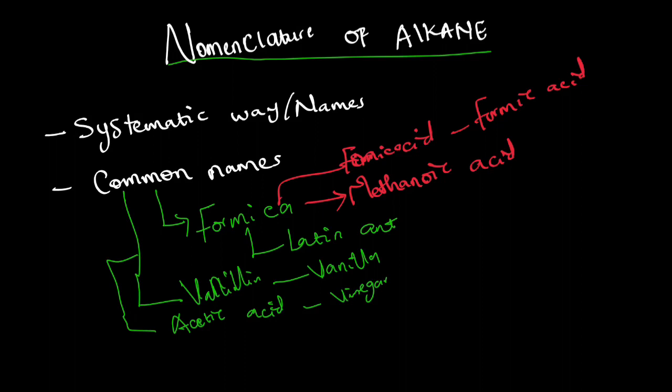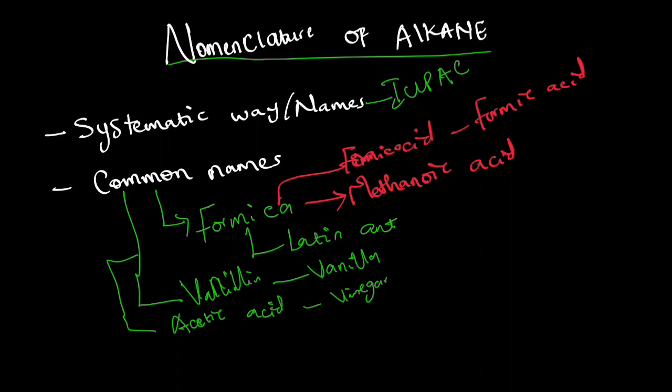Over time, scientists found it very difficult remembering these names. So a body came about, known as IUPAC. You might have heard of that. They established a rule by which all scientists will be guided and arrive at a generalized naming.